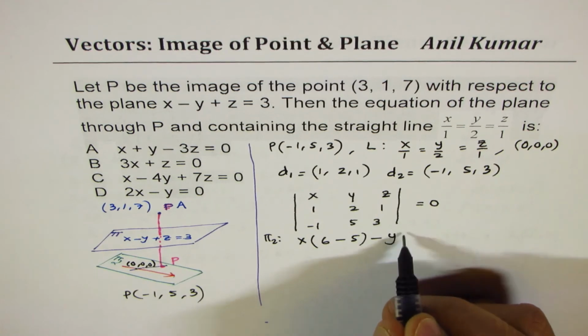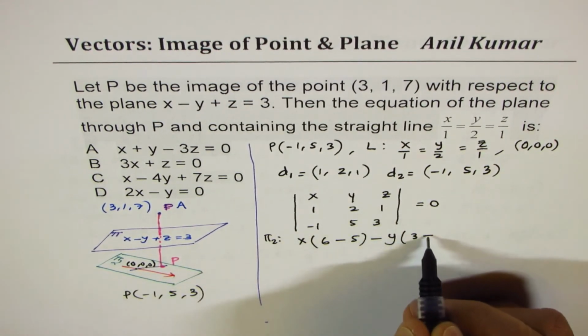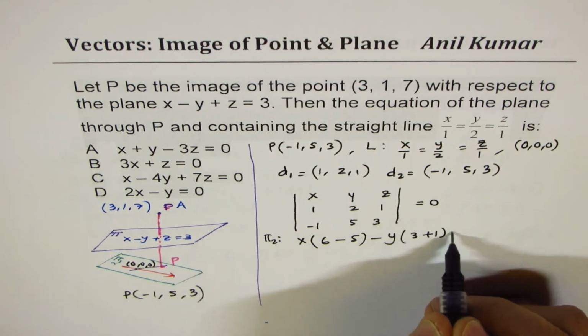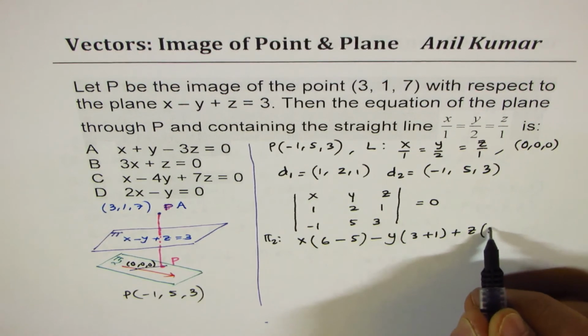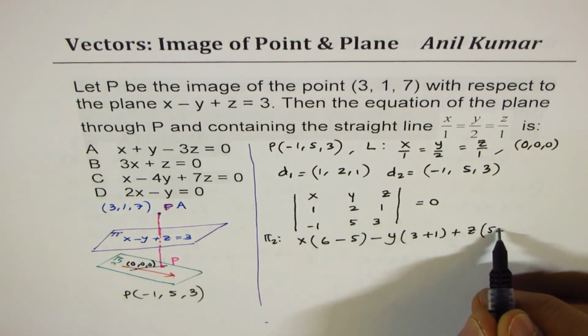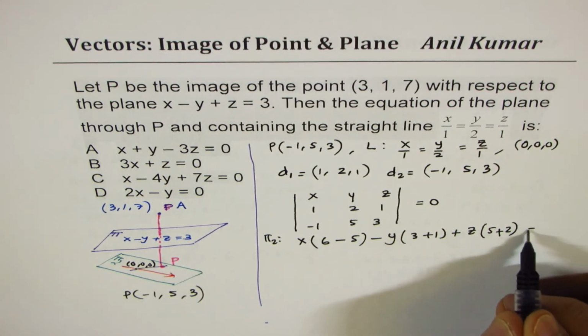Minus y times 1 times 3 is 3, minus, that becomes plus 1, right? Plus z times 5 minus minus becomes plus 2 equals 0.